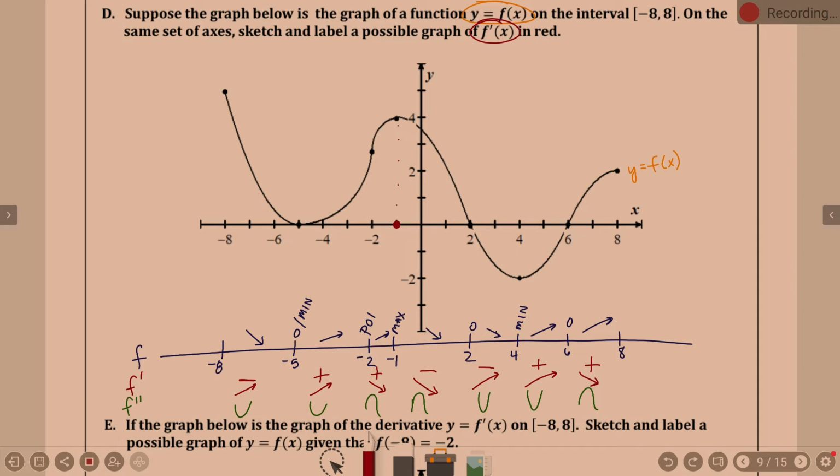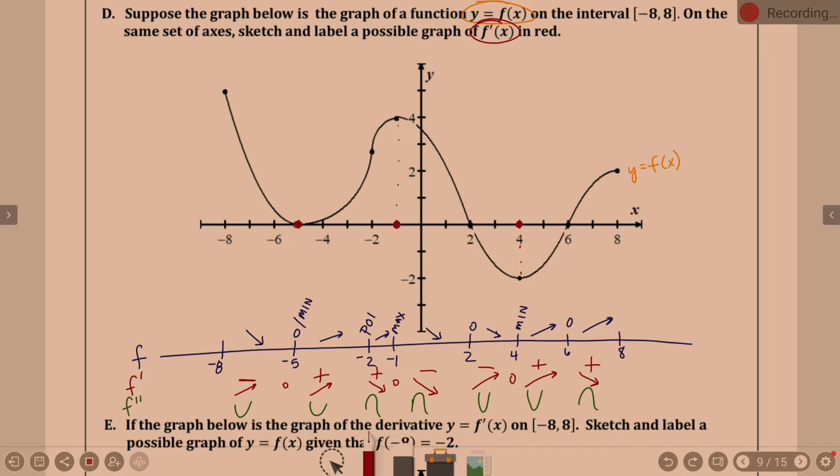There's a min here. Guess what? It's also going to be a 0, and over here there's going to be a min. Where do the POIs go? Good question. Okay, so let's see.